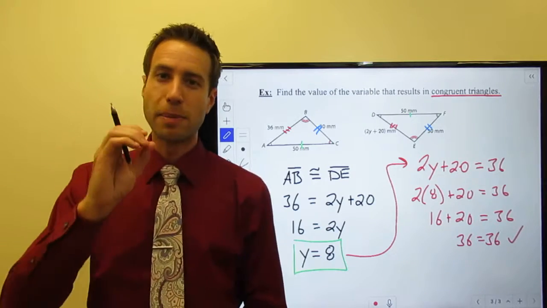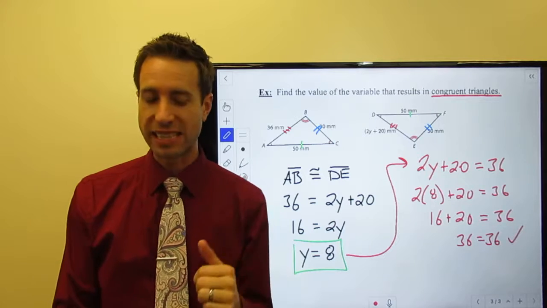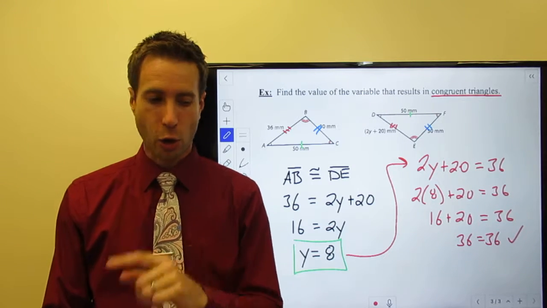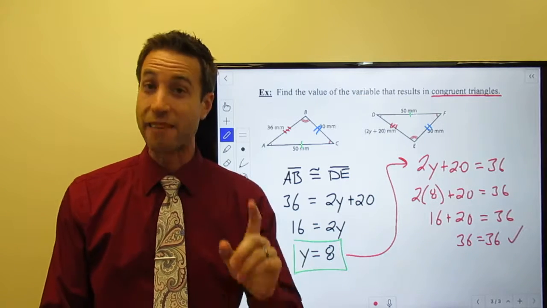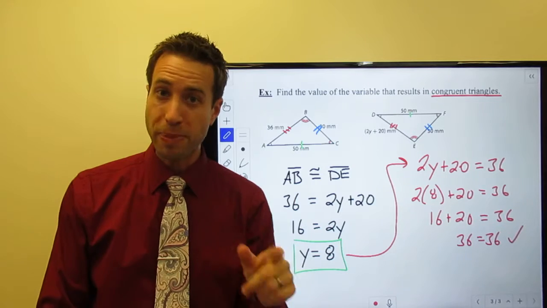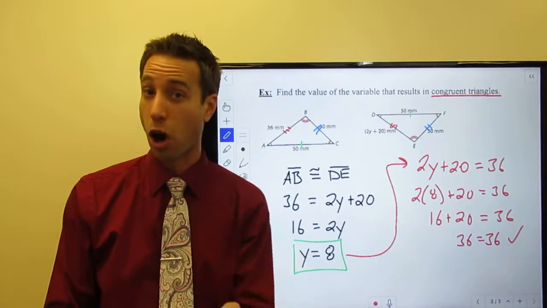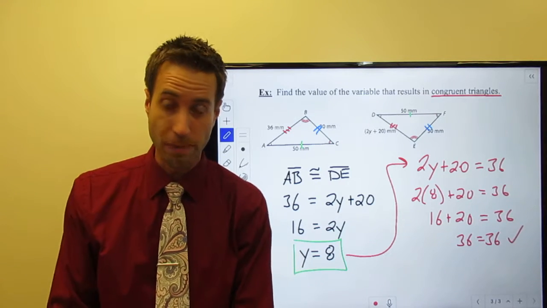All right, guys, here's the big takeaway from this set of notes in these videos. CPCTC. Corresponding parts of congruent triangles are congruent. If you can show that all three pairs of sides and all three pairs of angles in a triangle are congruent, you have shown that those two triangles are congruent.